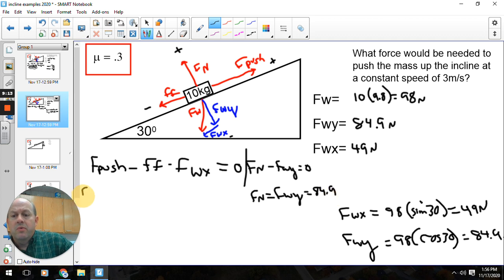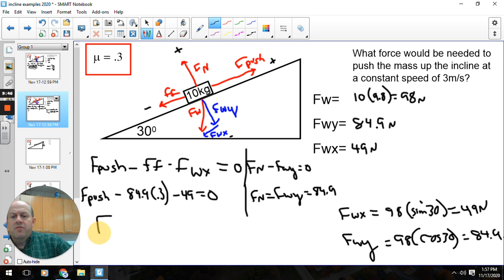Over here we have our push minus our friction, so that's normal times mu, 84.9 times our mu of 0.3, and minus our force weight x, which we solved for as 49, and that was equal to 0 because we were at a constant speed.